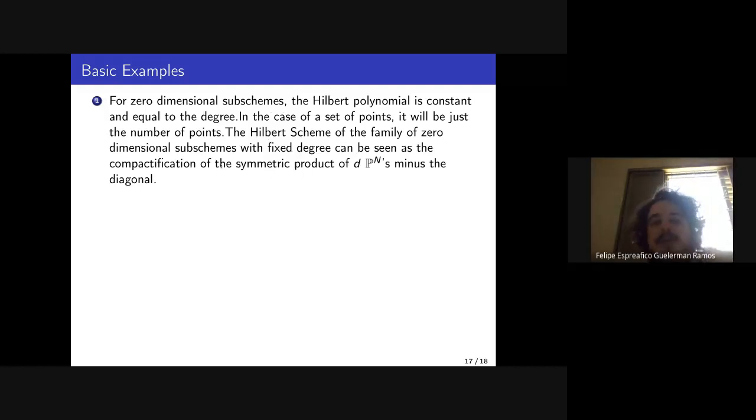This is the compactification of the symmetric product of d copies of Pn minus the diagonal. Of course, because if we consider just sets of points in Pn, this is parameterized by the symmetric product minus the diagonal, because we cannot repeat points. And then we compactify it.